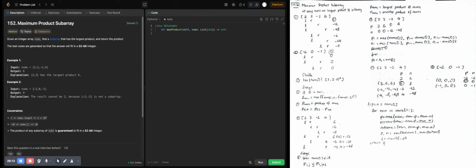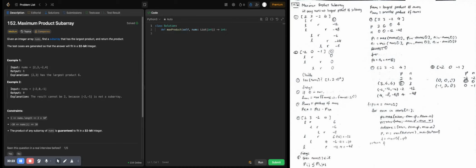Okay, so here it is. We could initialize the solution as the maximum of P. But P of I could be 0 all along. So what we're gonna do is, hold on.